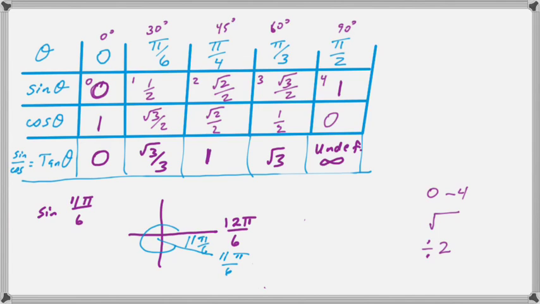That's called your reference angle. Reference angle will be pi over 6. So I look up the sine of pi over 6. I get 1/2. In the fourth quadrant, it's positive cosine, negative sine. So the sine should be negative.